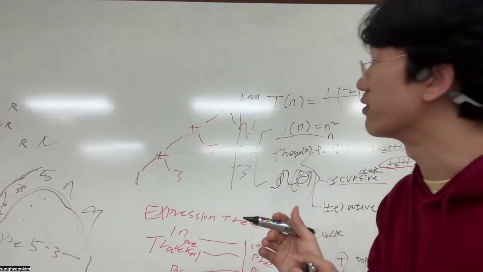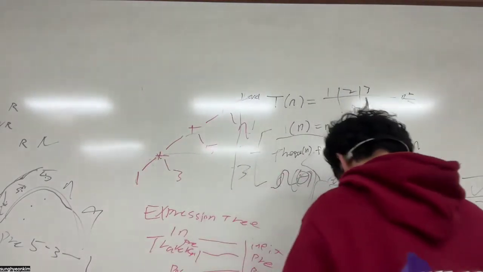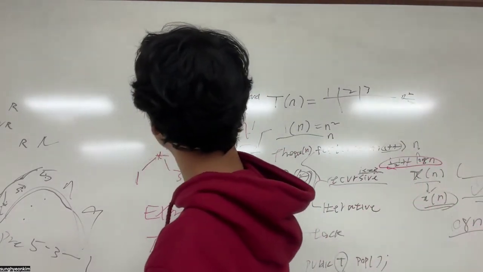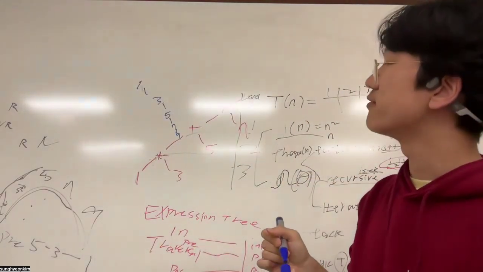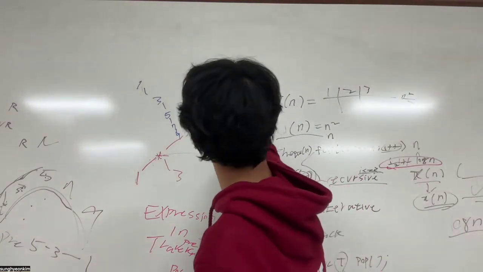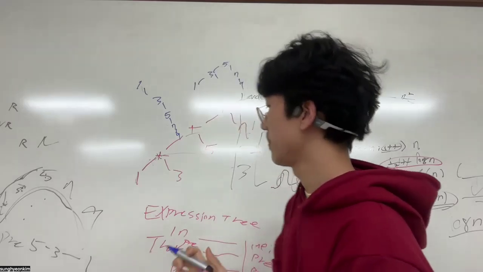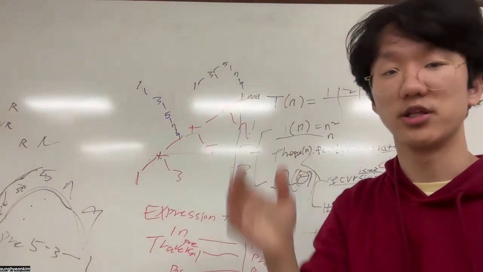I will go very quickly. Let's say 1, 3, 5, 7, 9, and let's make another example, 5, 7, 9. If you do it in pre-order, it will be node, left, right.